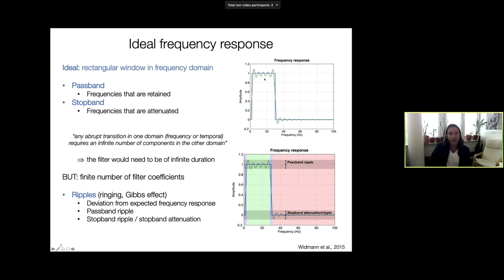Ripples are defined as deviations from the expected frequency response, which you see here in green. And we distinguish between passband ripples, which are here in the passband, and stop band ripples, which are here in the stop band. The main issue in our EEG analysis are passband ripples.